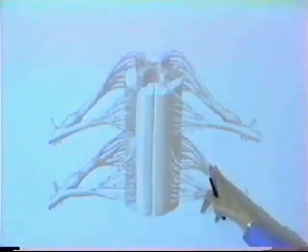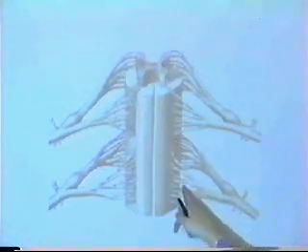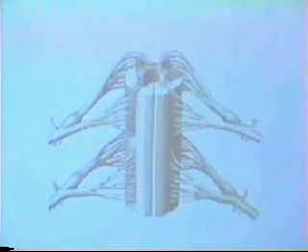Now, we know that the dorsal root contains sensory fibers, and the ventral root contains motor fibers. Those two roots come together to form a spinal nerve, so the spinal nerve contains both sensory and motor fibers. When the spinal nerve divides into two rami, both kinds of fibers go into both rami.